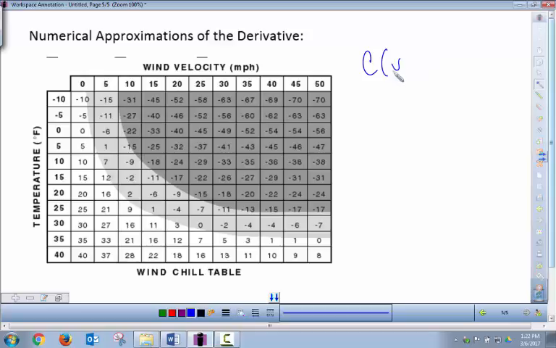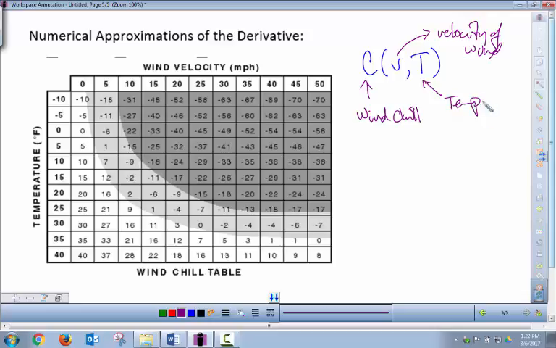Let's call the wind velocity V, and then the temperature T. So let's say C is a function of V and T, where C is the wind chill, V is the velocity of the wind, and T is the temperature.